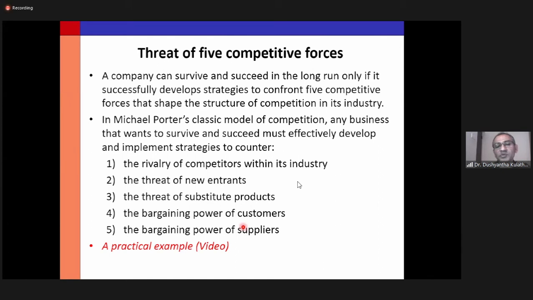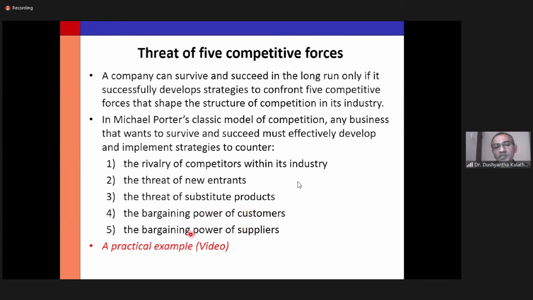Therefore, the bargaining power of customers is less in that particular industry. If there are industries where the customers can bargain for price or quality, then we can say that the bargaining power of customers is high. So according to that segment of the sportswear industry, the bargaining power of customers is less.